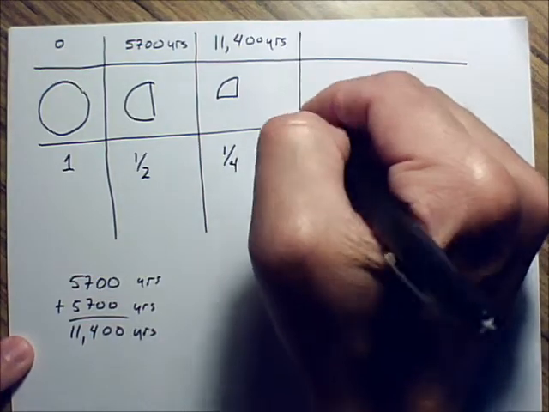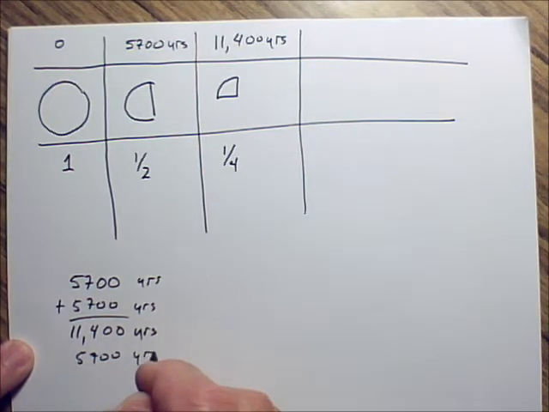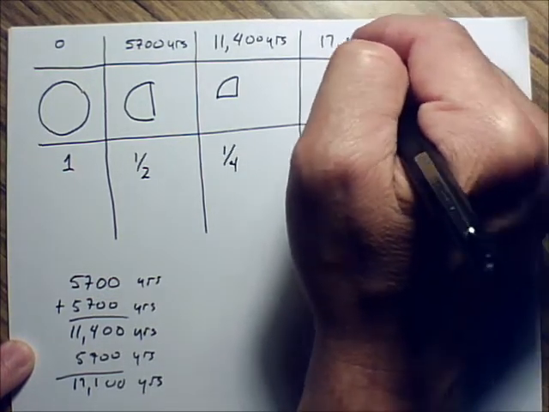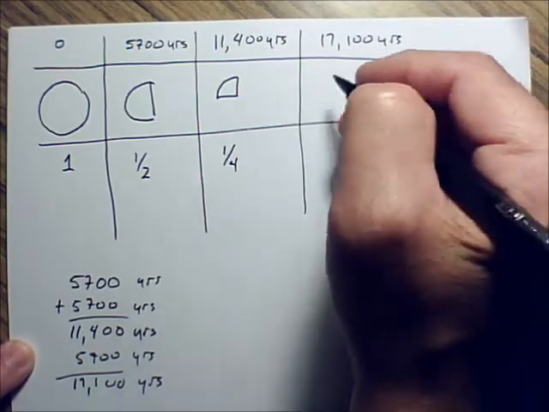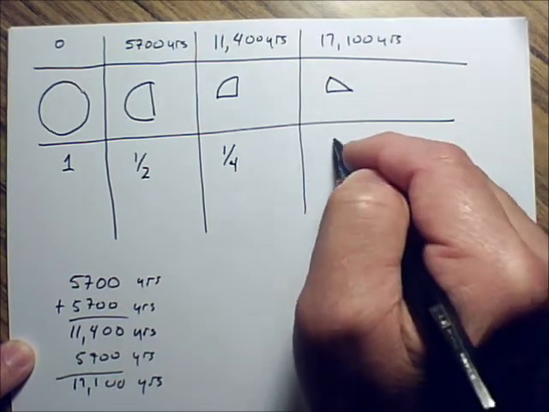Another half-life period of time is 5,700 years, which brings us to 17,100 years. Does that make sense? That period of time, it's going to be half of this, which is 1/8.